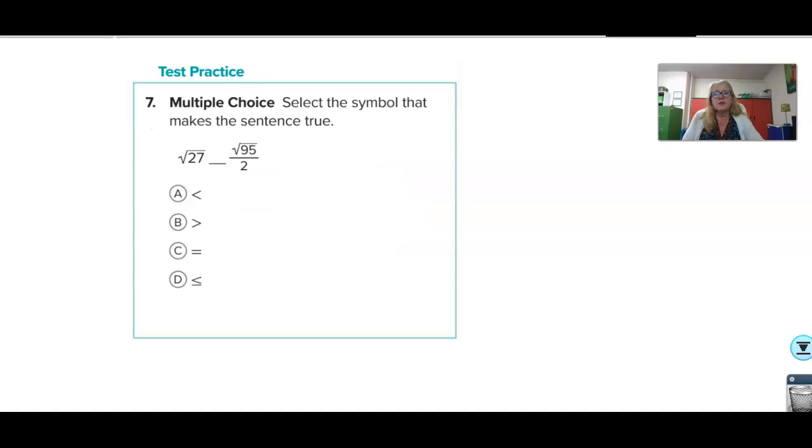All right, select the symbol that makes the sentence true. Square root of 27, okay? The square root of 27 and the square root of 95 divided by 2. Okay? Clear. Second, x squared, 27 is 5.2.